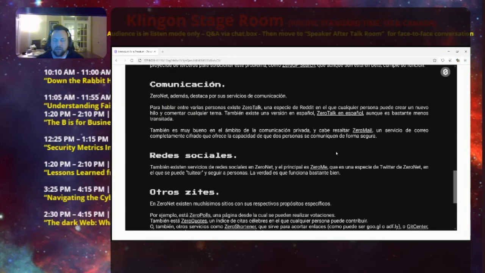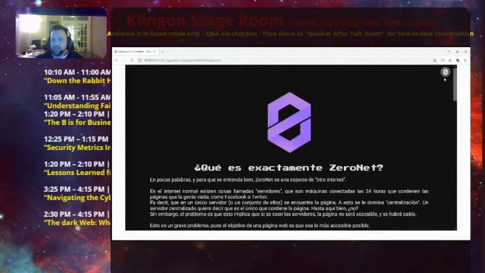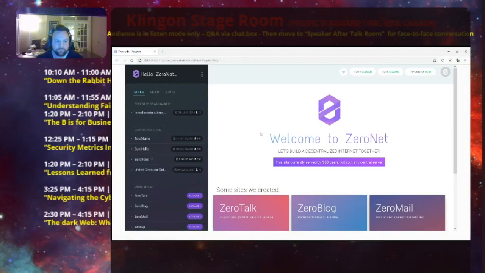If the content owner were to update the site, my torrent tracker would see that. It would then update the site, and this would refresh. If I go back to our home page, you can see recently downloaded up here. It will also appear eventually under connected sites. I can see the last time that this site was updated.